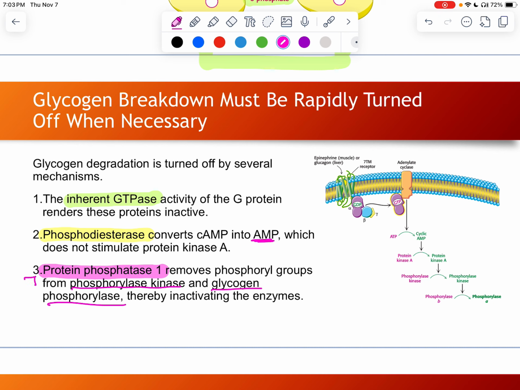So this would come in here and deactivate this. That was what was activating our phosphorylase, and it'll snip the phosphates off the phosphorylase A, also sending them back to the lesser active form. This would be based on a hormone signal, so some hormone signal would set off this protein phosphatase 1.